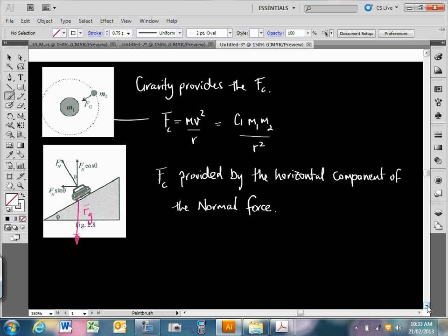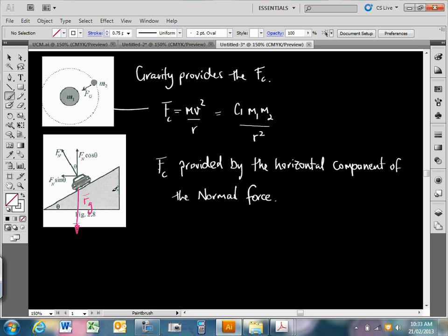And we can say this. Fc is equal to the frictional force plus the horizontal component of the normal force.